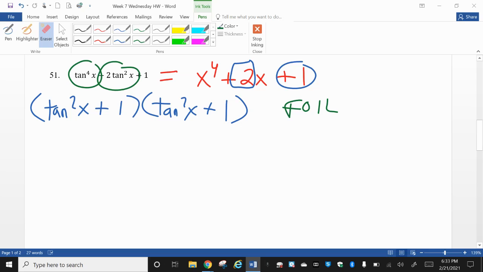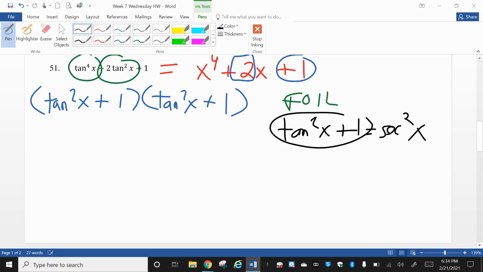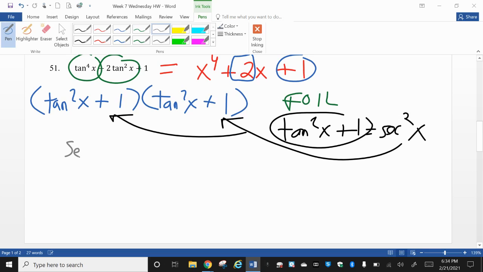If you think back to Pythagorean identities, tangent squared of x plus 1 is equal to secant squared of x. So we're going to replace all that with secant squared of x. So that'll just be secant squared x times secant squared x for a final answer of just secant to the 4th of x.